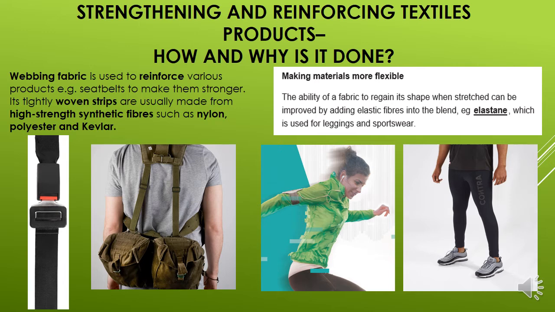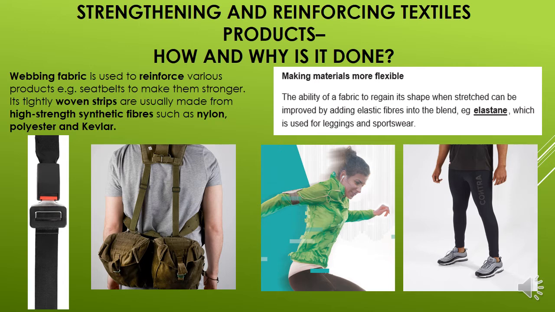Tightly woven means there's no stretch, there's nothing loose there, and it won't fray easily or come undone and unravel. Very often a very strong material would be chosen, such as nylon, polyester or Kevlar. Kevlar is a modern material that you would have learned about last week, or technical textiles. It's incredibly bulletproof and what have you.